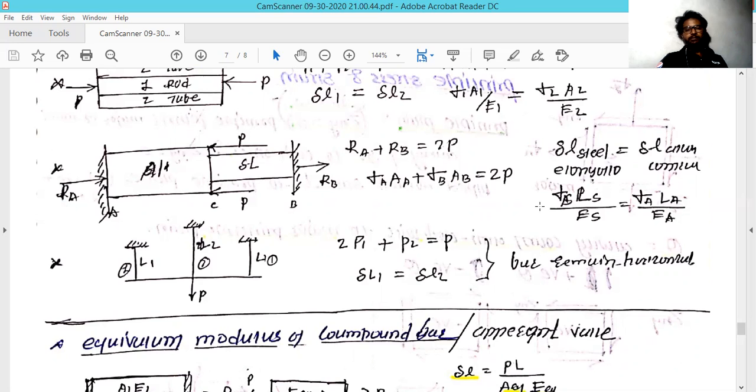Now when we try to find the total force held by the three cables, the total force applied is equal to twice P1 plus P2. Why twice?